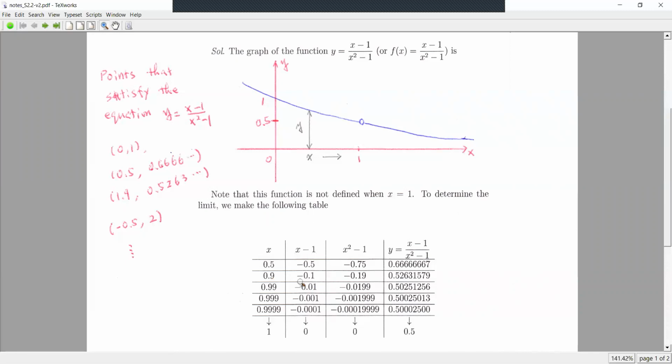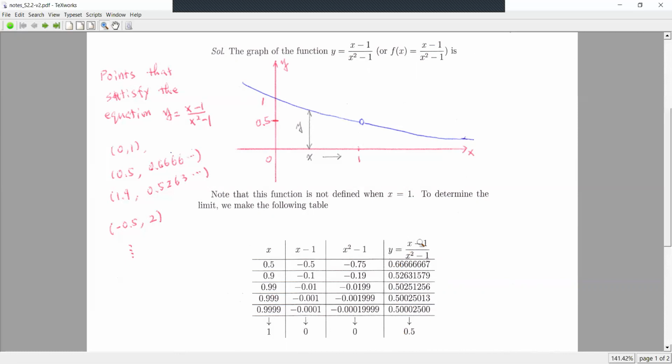It is negative 0.1. x squared minus 1 is 0.9 squared minus 1. It is negative 0.19. The function value is negative 0.1 over negative 0.19. It is this number. Similarly, when x is 0.99, the function value is this. When x is 0.999, the function value is this. When x is 0.9999, the function value is this.